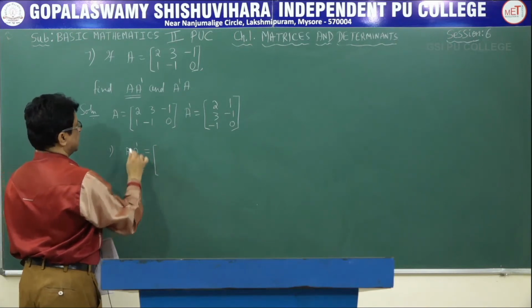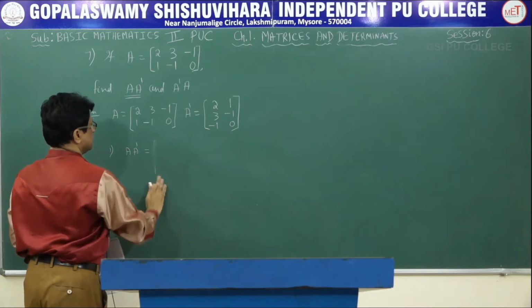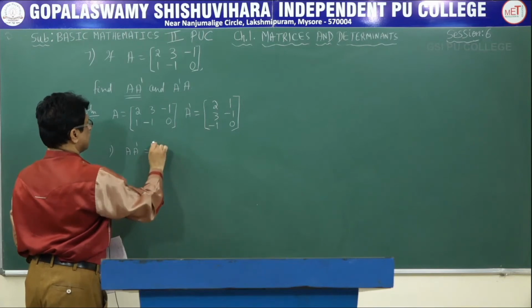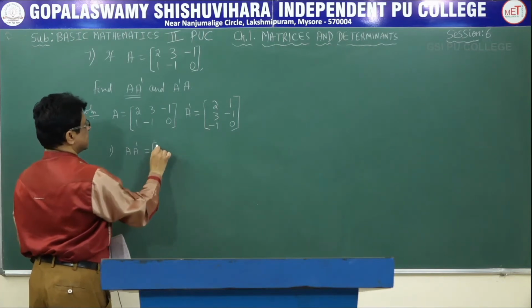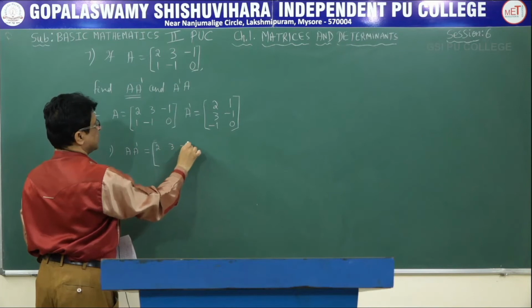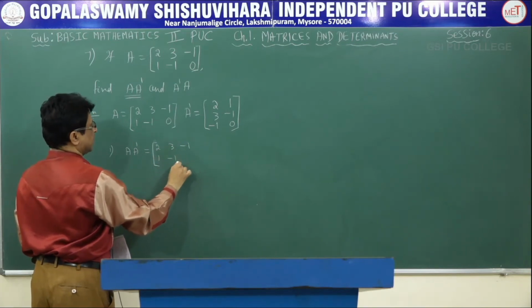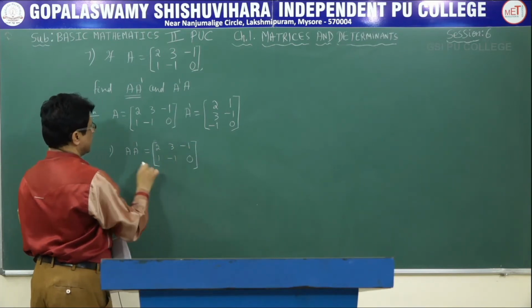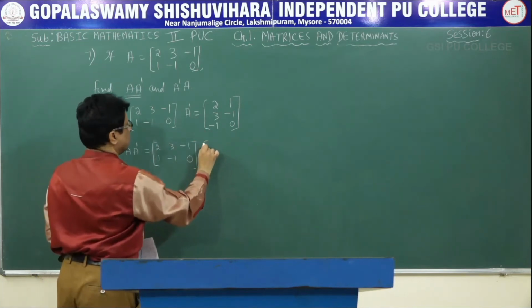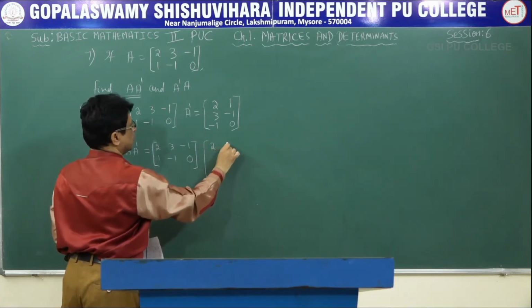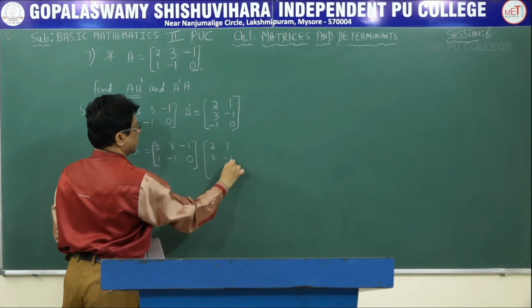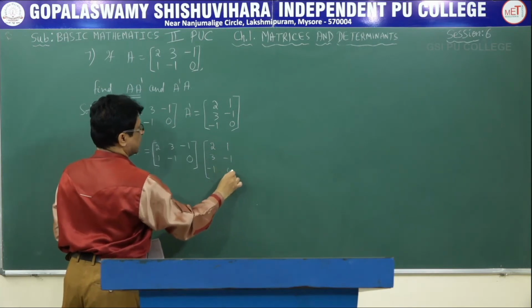First we shall write A. A is [2, 3, -1; 1, -1, 0]. Next we have to write A dash. So A dash is [2, 1; 3, -1; -1, 0].